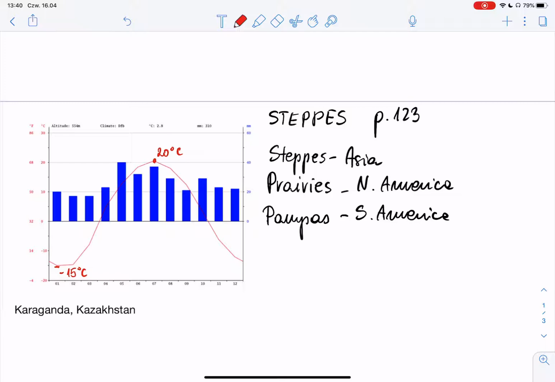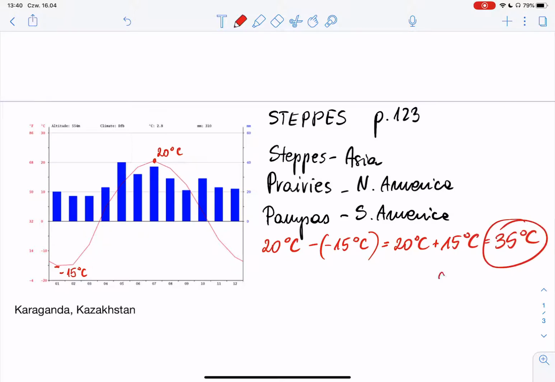So the amplitude of the temperature is 20 degrees Celsius minus minus 15 degrees Celsius, which equals 20 degrees Celsius plus 15 degrees Celsius, which equals 35 degrees Celsius. This is the amplitude. So in steppes, we have the amplitude that is around 35 degrees. This means that throughout the year, the temperature changes usually in the range of 35 degrees.